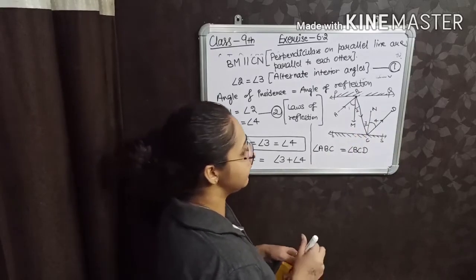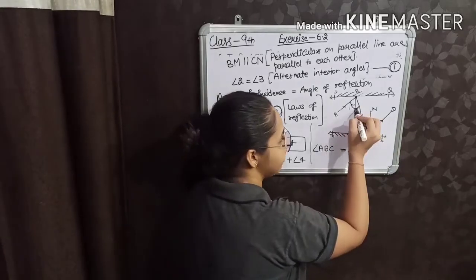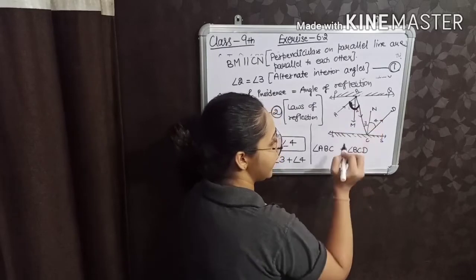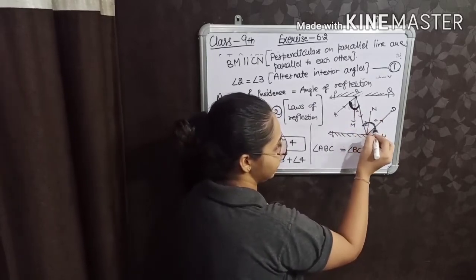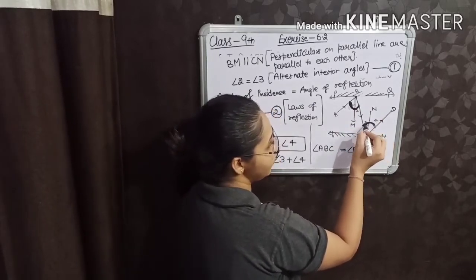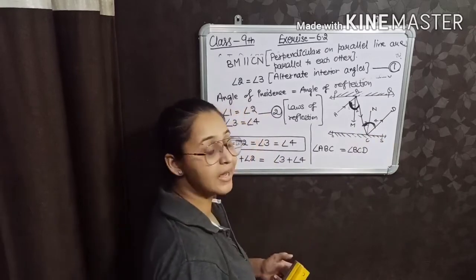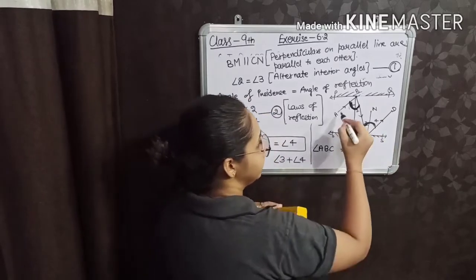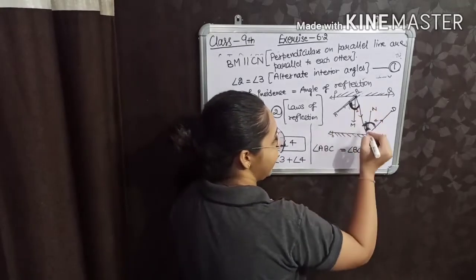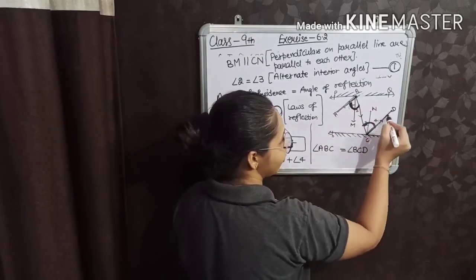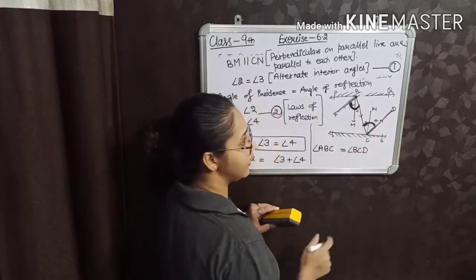Where is angle ABC? ABC is this complete angle, and BCD is this complete angle. And you have to prove that AB is parallel to CD. This AB and this CD, you have to prove that these two lines are parallel.